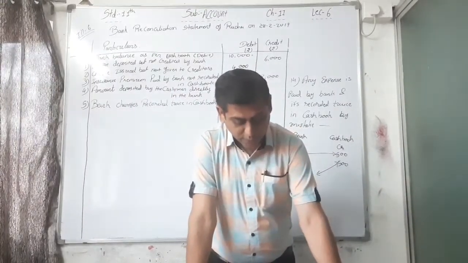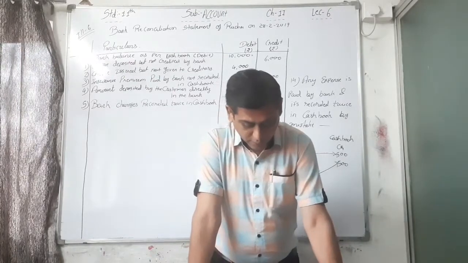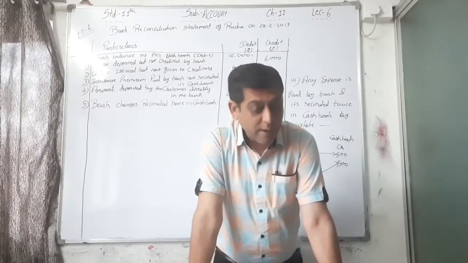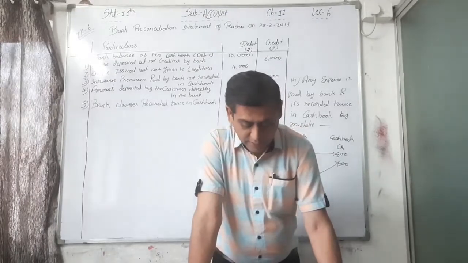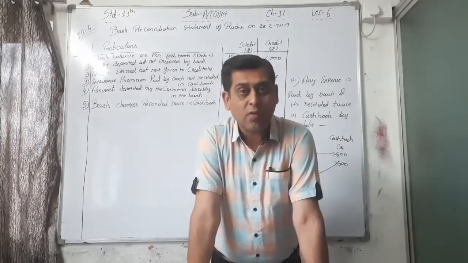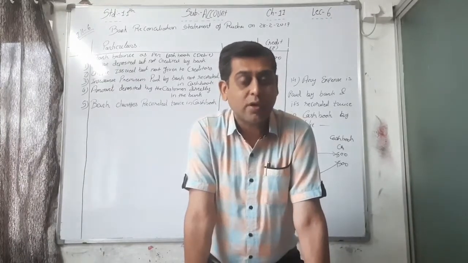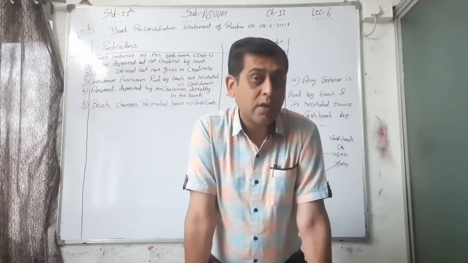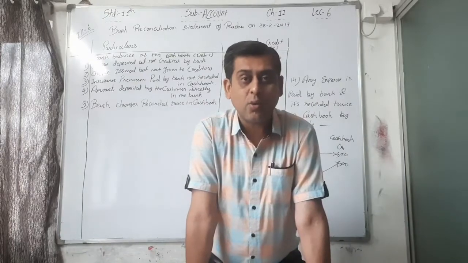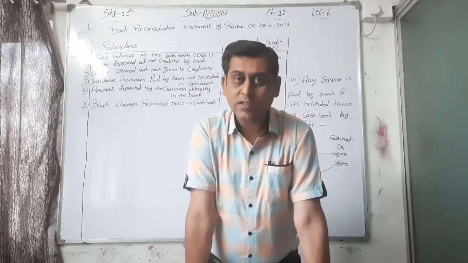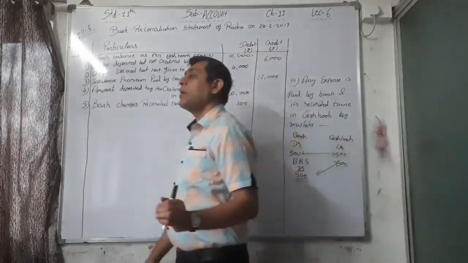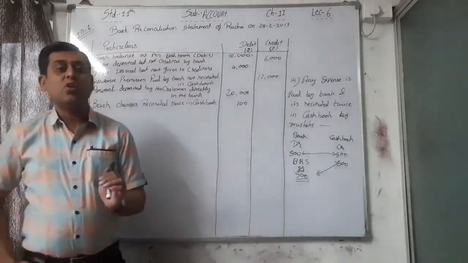Now, a check of rupees 6,000 deposited with the bank on 27 February is dishonored. Again, the word dishonored. I told you that whenever it is directly deposited by the customer, you have to remember debit. Whenever the word dishonored is there, you have to credit. That is the shortcut; you can remember all these points by these shortcuts.